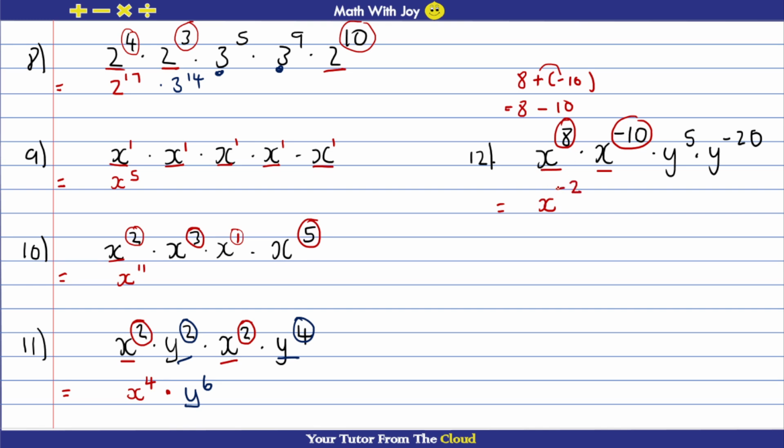Then over here, I have y. Remember, this is 5 plus a minus 20, and positive times a negative is a negative 20, and 5 minus 20 is minus 15. So we get y to the power of minus 15.